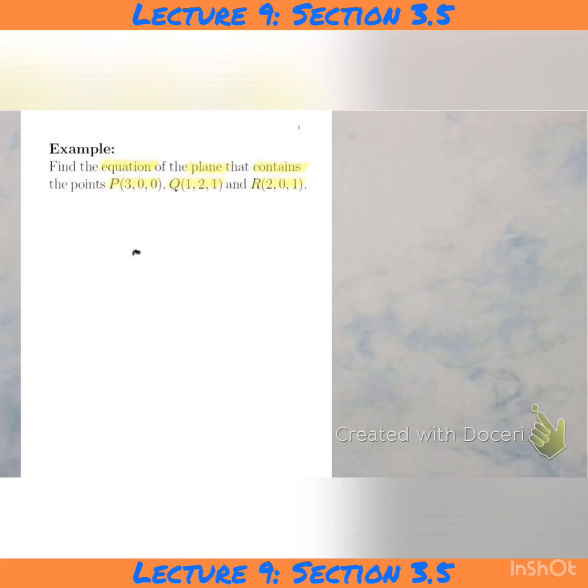So I'm given the 3 points: the point 3, 0, 0, and that's the point P. I'm given the point Q, which is 1, 2, 1, and then the point R, which is 2, 0, 1. Now I want to find the equation of the plane that contains those 3 points.